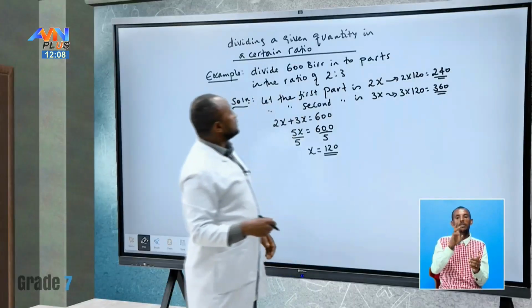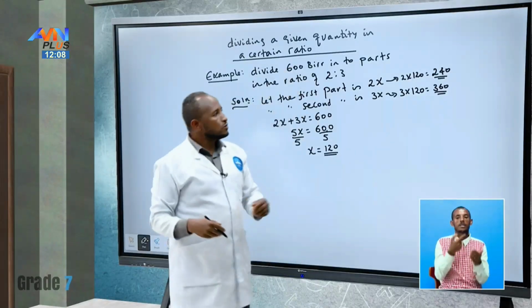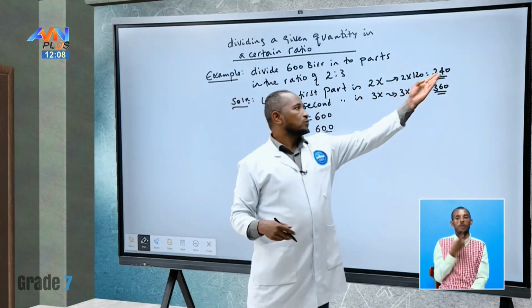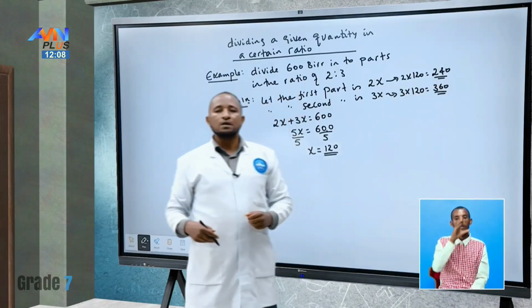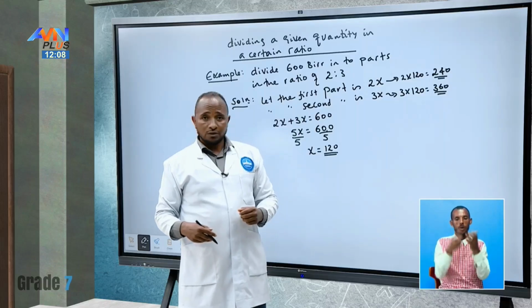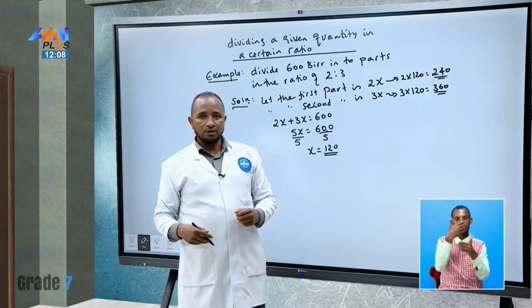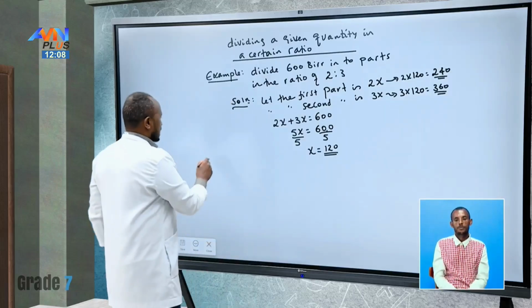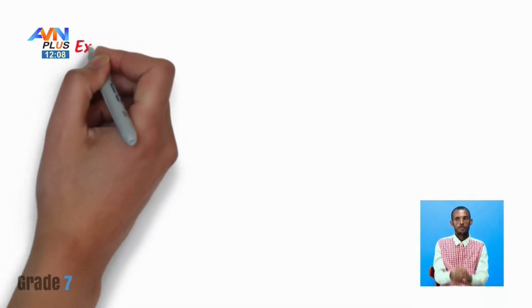Therefore, we have divided this 600 into 2 parts in the ratio of 2:3, and we got 240 and 360. So that's the answer. Now let's continue to the next example. You'll try this example by yourself. So here, example 2.